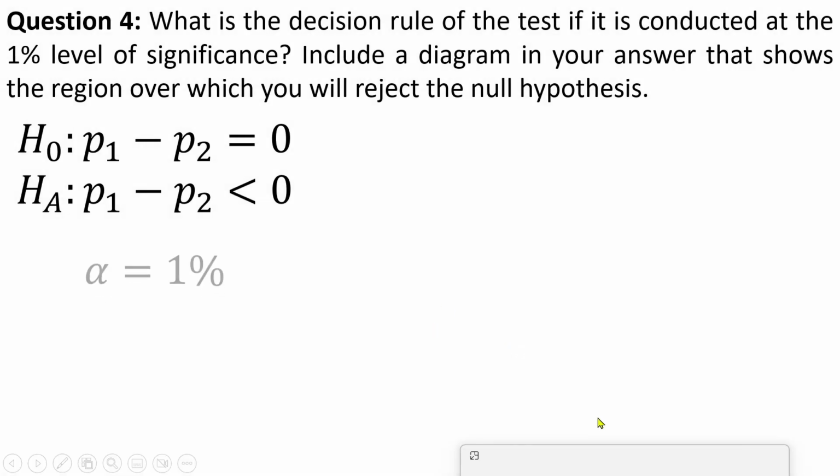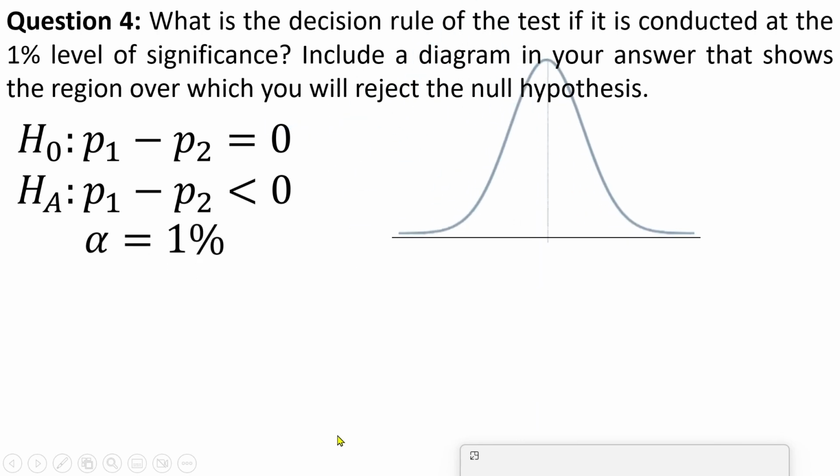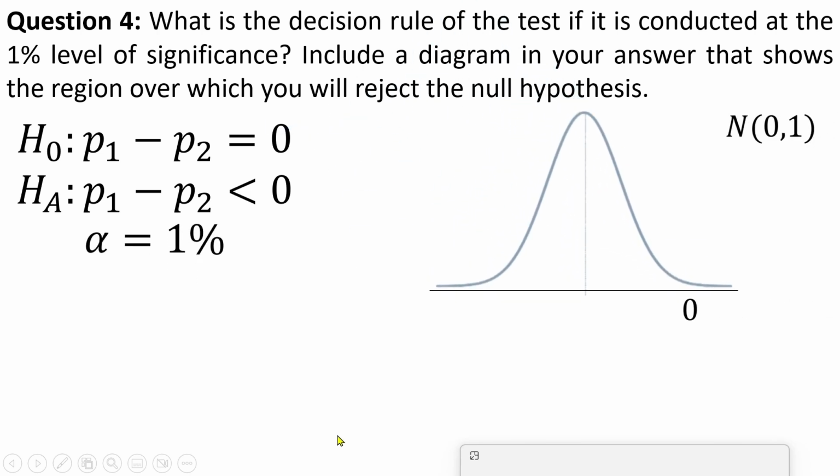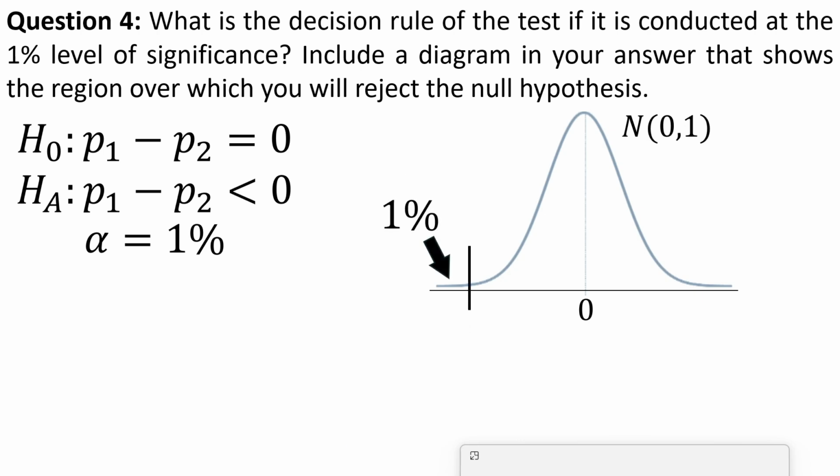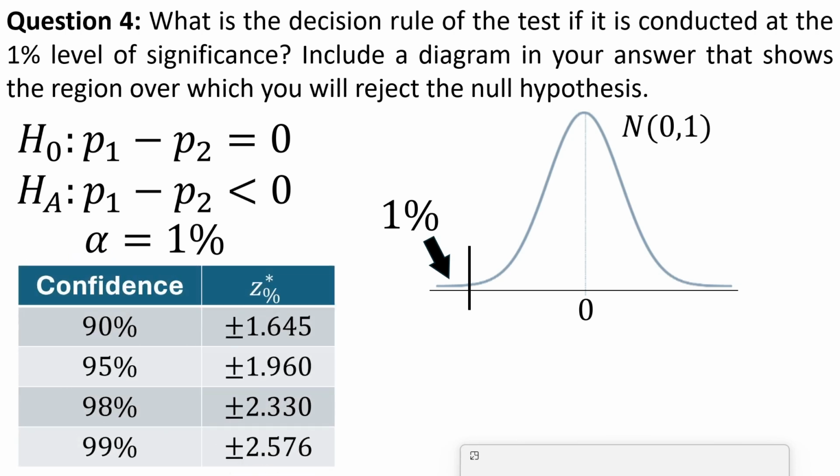Okay, so let's make the diagram. At the 1% level of significance, we draw the standard normal distribution. We need a cutoff value that places 1% in the lower tail. Now this is a new one. I don't think we've seen the cutoff value for a 1% test before. So I'm going to tell you, and you can add this to your formula sheet, to make a 98% confidence interval, you need bounds that put 1% into each tail.